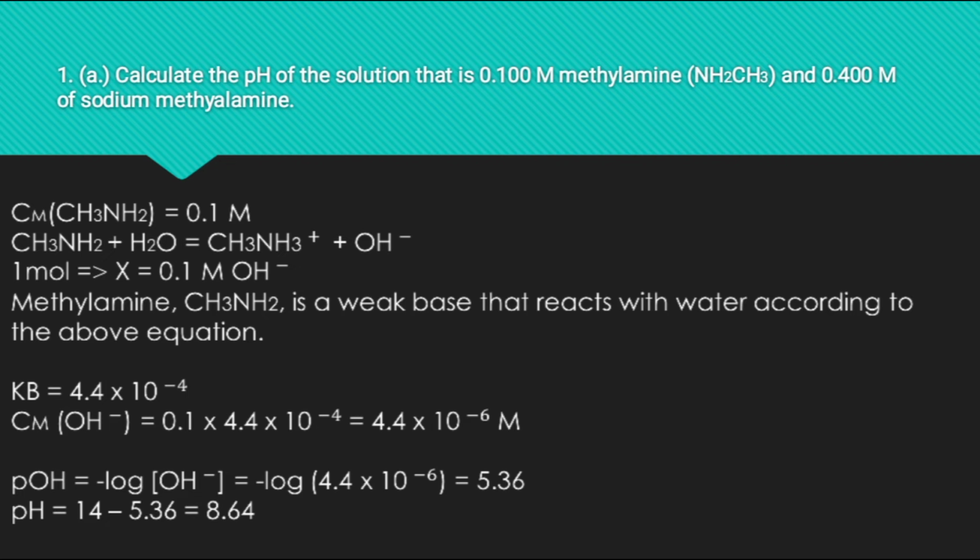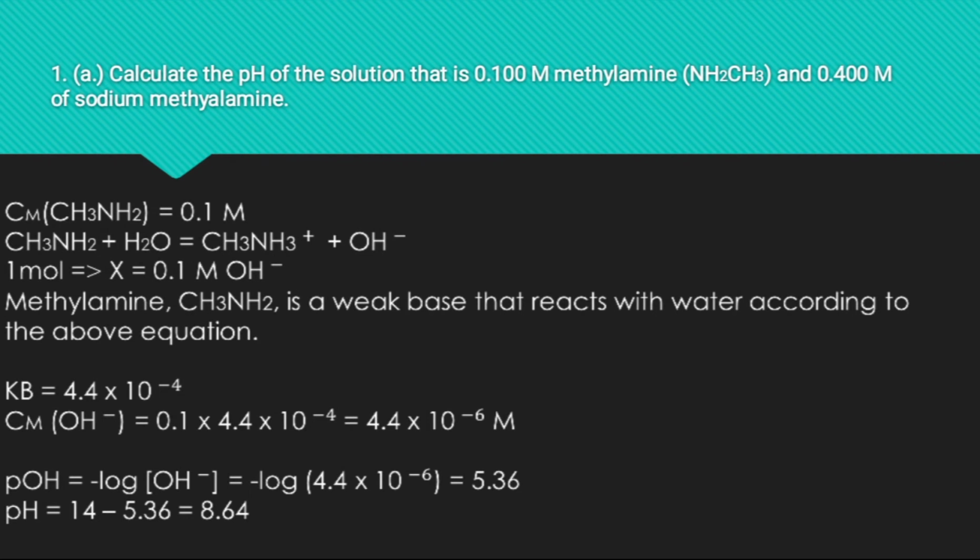Methylamine, CH3NH2, is a weak base that reacts with water according to the above equation. For this reaction, at equilibrium, the Kb is equal to 4.4 times 10 to the power of negative 4. Then find the molar concentration of OH negative by multiplying 0.1 times 4.4 times 10 to the power of negative 4.